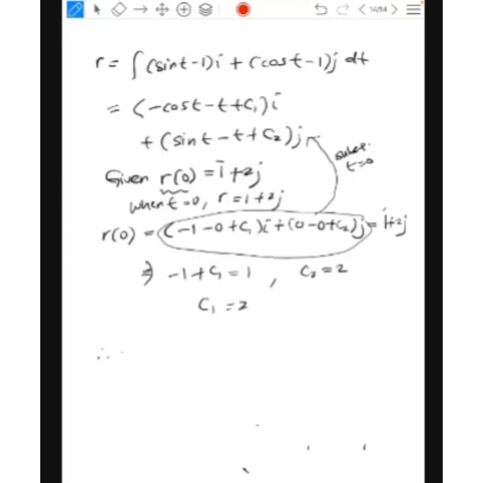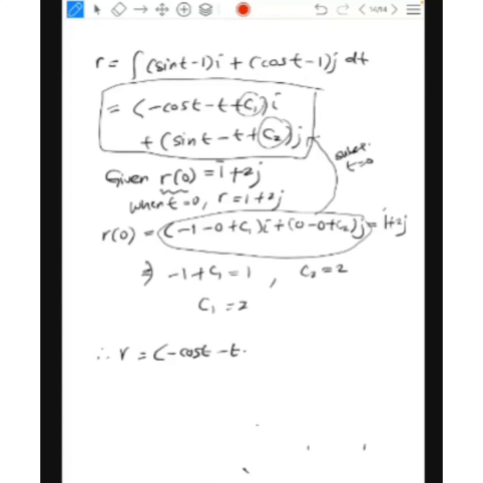So your final answer is here. You find the values of C1 and C2 and substitute them in, which gives negative cos t minus t plus 2 for i, and sin t minus t plus 2 for j.